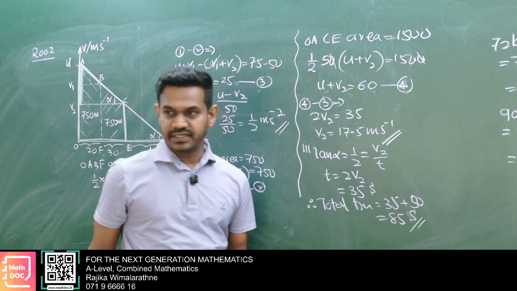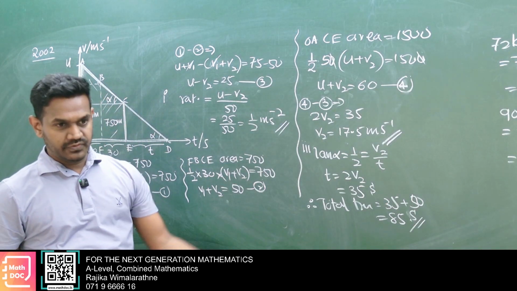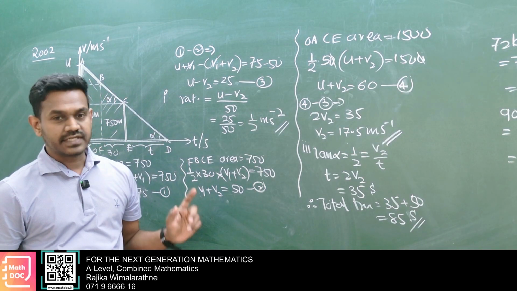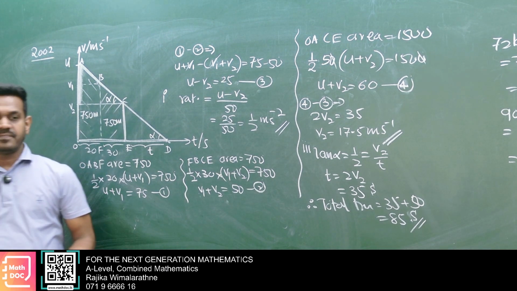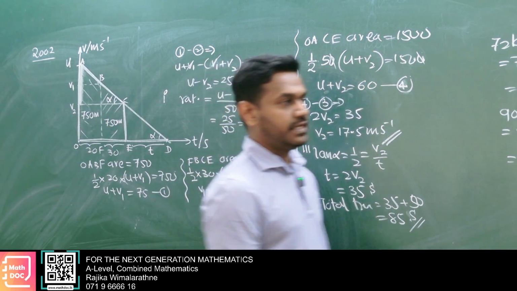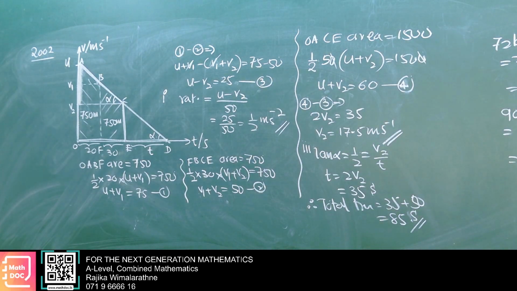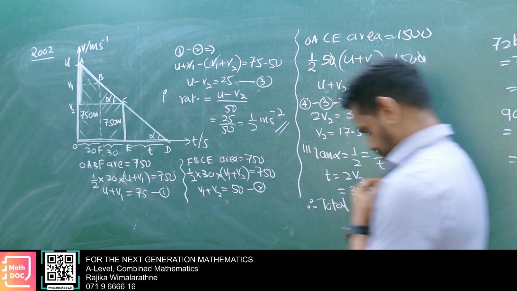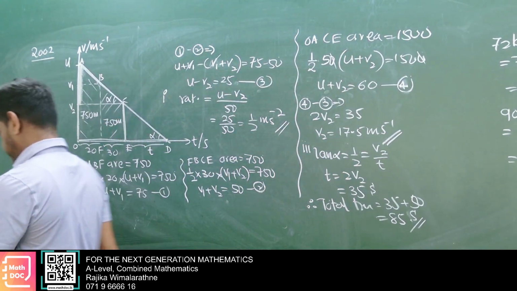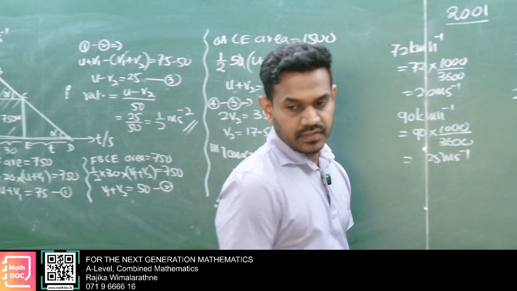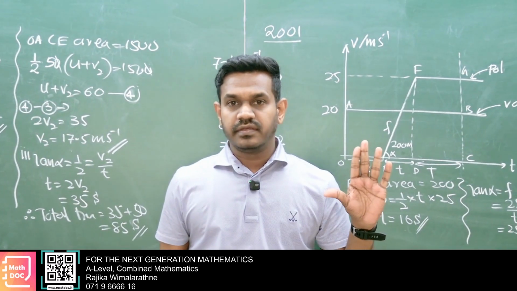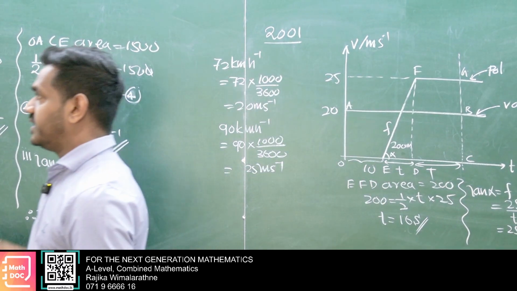Initially 50 seconds given, then another 35 will move, so total 85 seconds. Okay, that's all about linear motion for today.